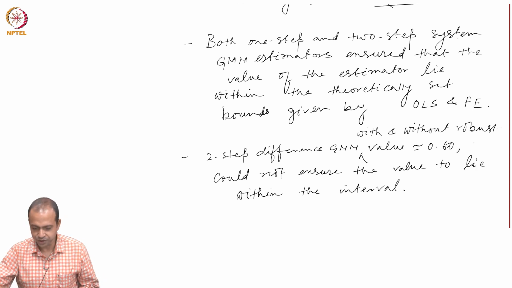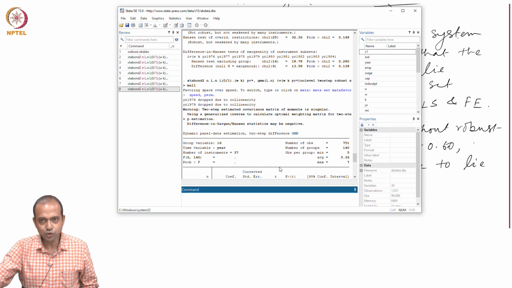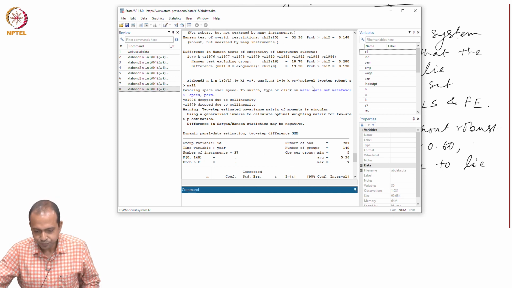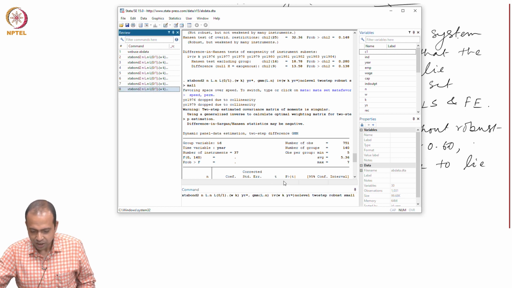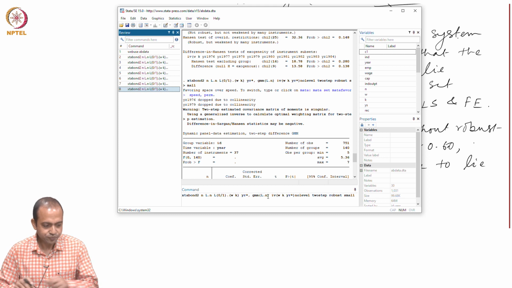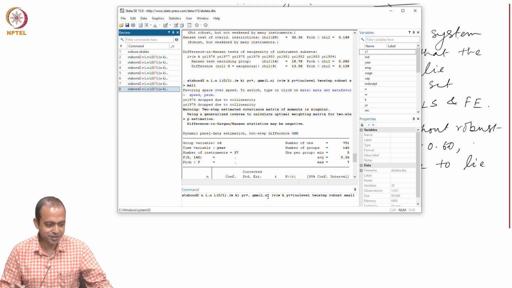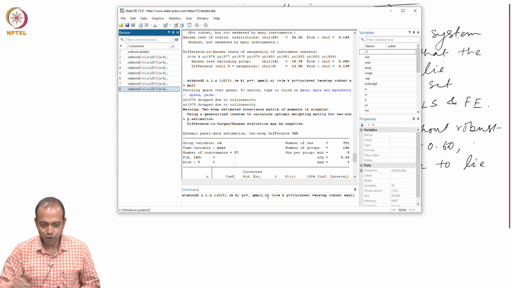Now, what you can do is change the specification. Here I have considered only L dot n as my endogenous variable. Now, if I change the endogenous variable, will you get any difference?